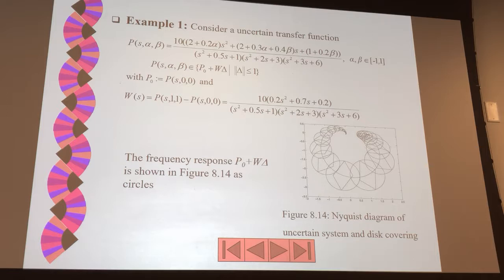Then I write down what my nominal model is. Then I pull out this one so that this Delta is less than 1, and I need to find out what this W is. The W will be interesting because the middle term is 0, so I just put 0 in the middle.